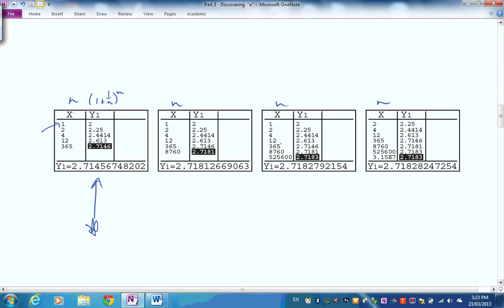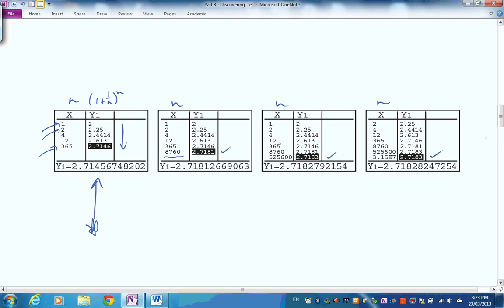So we start off when n is 1 and then 2, and then when we get up to 365, it's got quite a bit of change through here, and then we might go up to 8,760, alright, and then we might go up to 525,600, and what do we notice here?